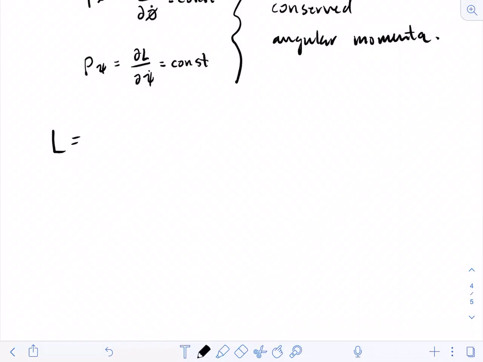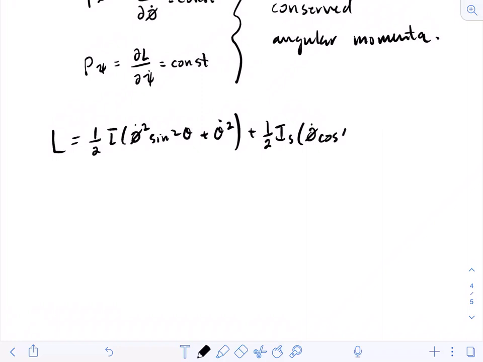So I'm going to write it exactly the way that we had it above. And then there's a minus mgh cos theta. Okay, good.